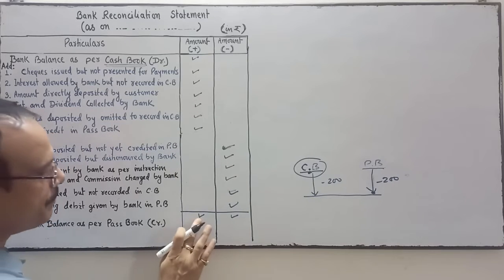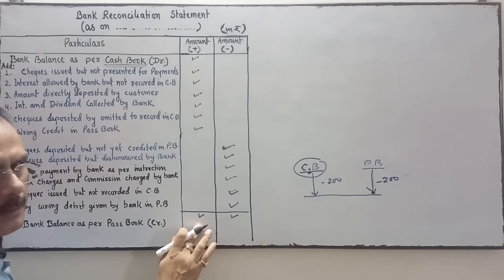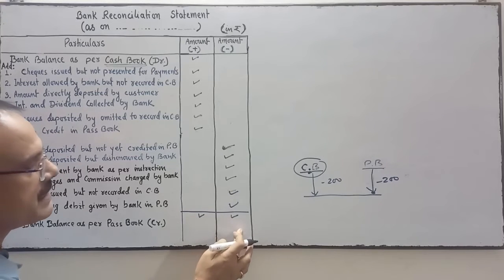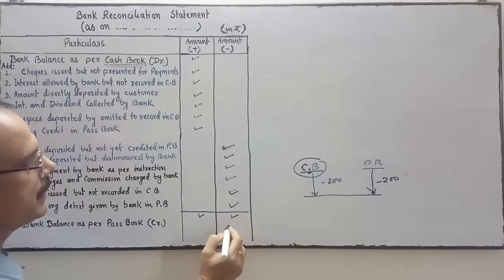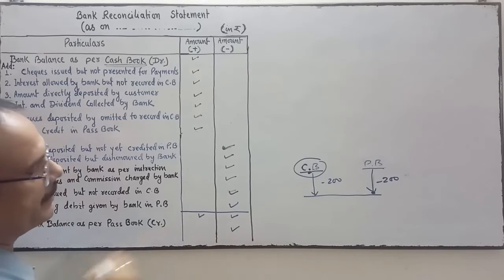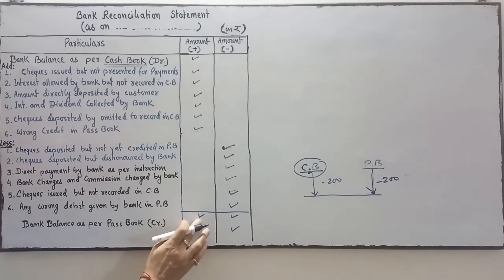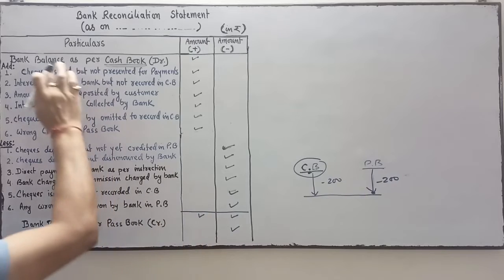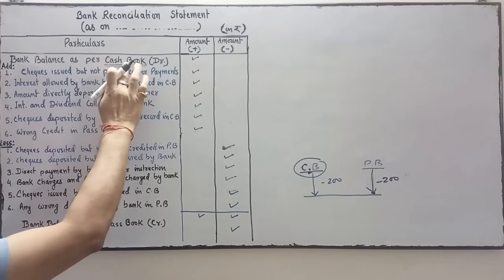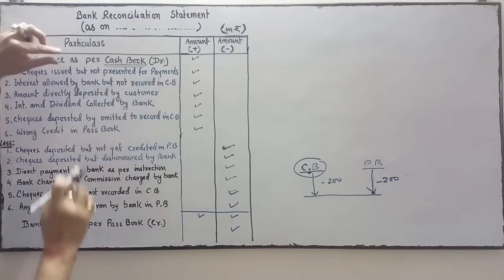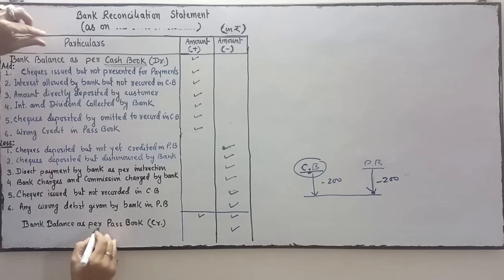Suppose the plus side total is more and the minus side total is less, then you write the difference amount over here. When we start with the bank balance as per cash book, the result will come as bank balance as per passbook, just opposite.